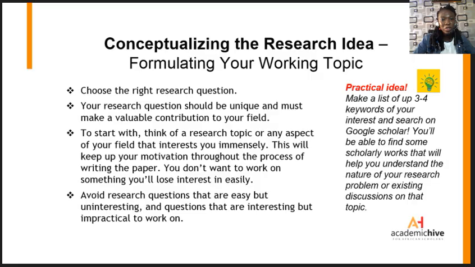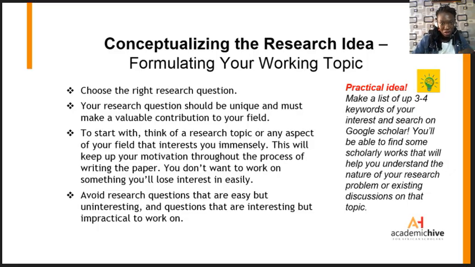So how do you come up with a really good or effective working topic? Here's a practical idea I advise starters to begin with. Make a list. Already you have a problem you want to solve, right? Make a list of maybe 3 to 4 keywords about the problem you want to solve.